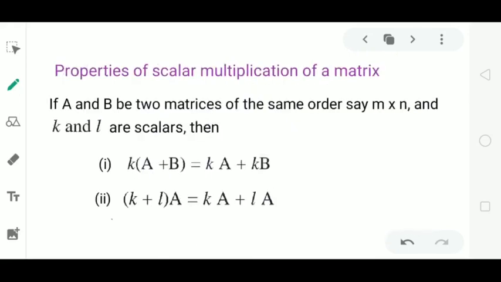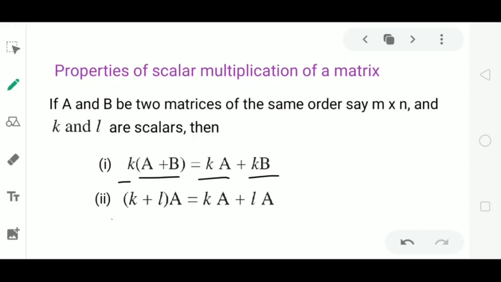Next, properties of scalar multiplication of a matrix. If A and B are two matrices of same order and K and L are scalars, then K into A plus B is equal to K into A plus K into B, which is a distributive property.